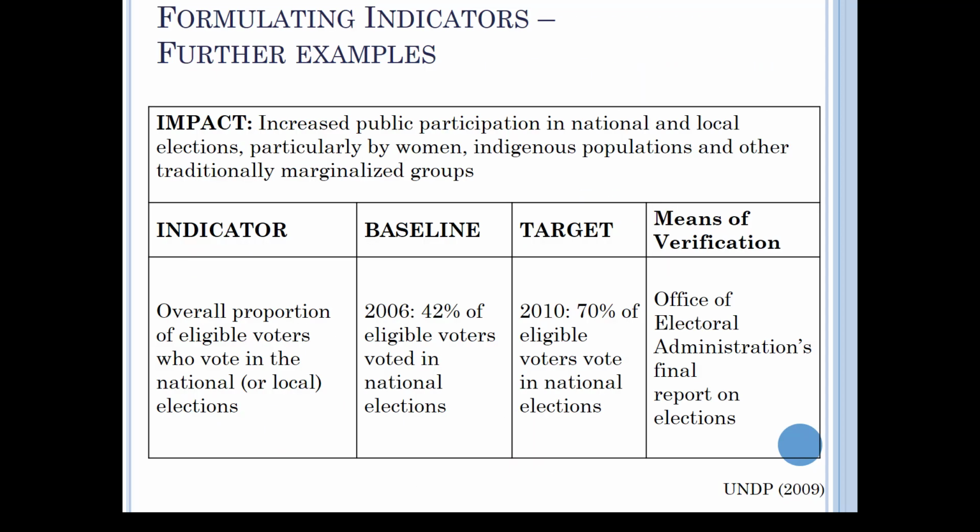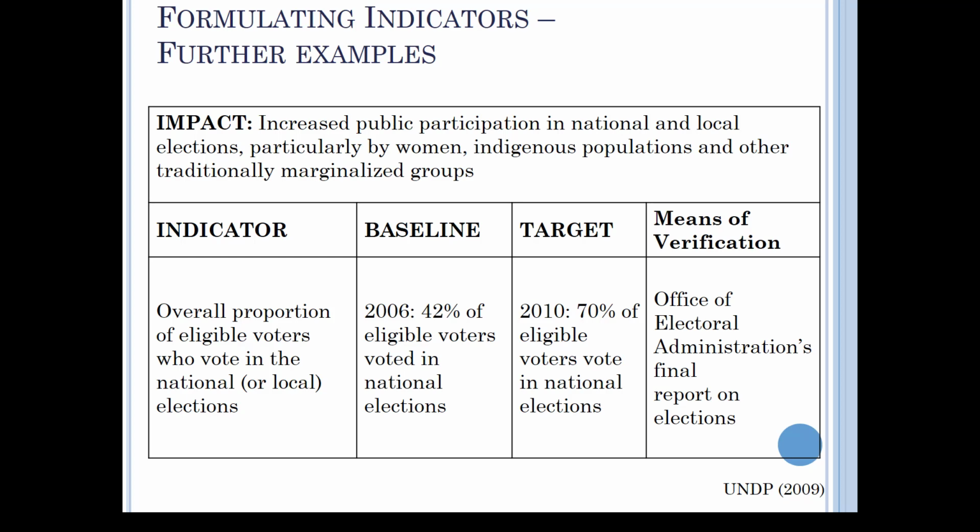For finalizing, you have here some more examples on how to formulate indicators. For example, here for this impact, increased public participation in national and local elections, particularly by women, indigenous populations, and other traditionally marginalized groups. So this is a high-level outcome at the level of the impacts already.